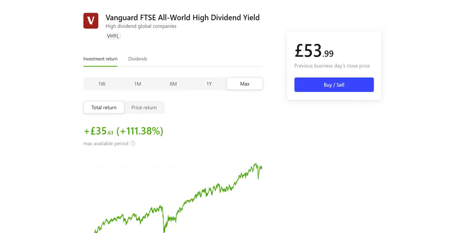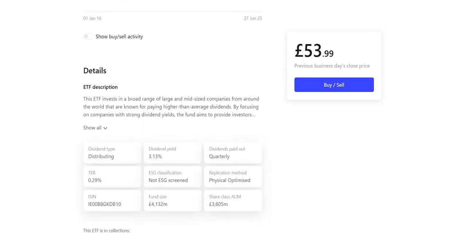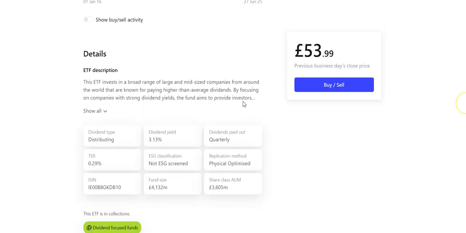It's quite similar to the other all world one. So yeah, you can see they're concentrating more on companies that are known for paying higher than average dividends. So I think a good dividend really is anything over 2%. So this pays 3.13% quarterly.